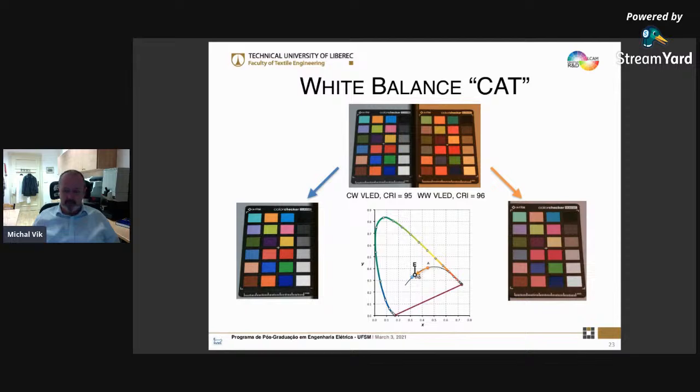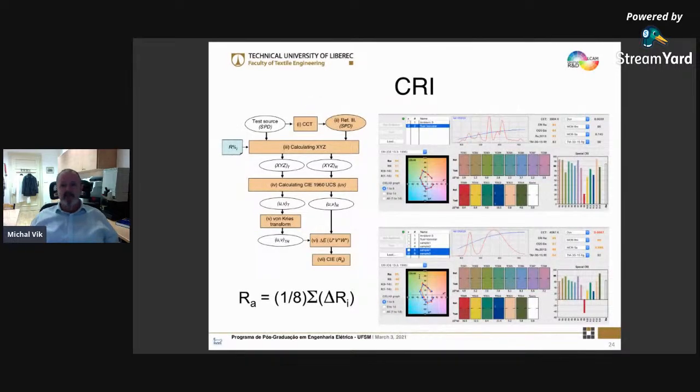That is very important. Based on that, CRI, which was adopted in 1974 as a new standard of CIE, is based on a simple comparison. We have a test source and we have a reference source. Typically, above 5,000 kelvins, we are using daylight.